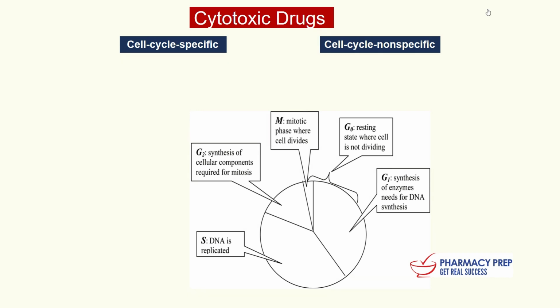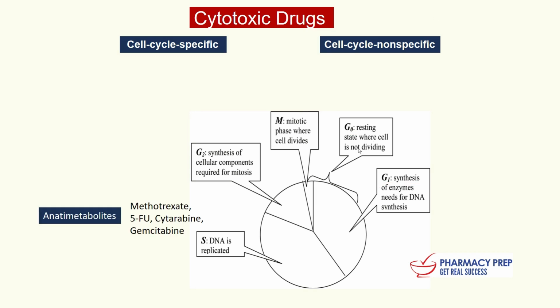When cell division begins at the G1 stage, the enzymes needed for DNA synthesis are synthesized. However, cells may further divide or sometimes may not divide. When a cell is not dividing, that is known as the G0 resting state.